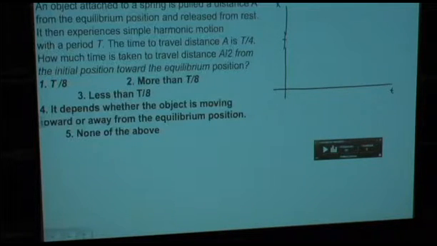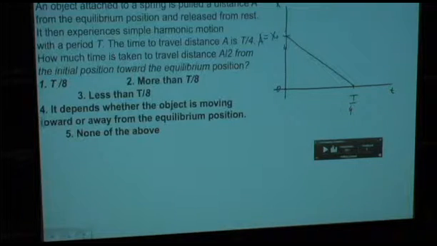Line. Exactly. You don't have to even say anything, just show line. So if it starts from a certain position away from the equilibrium, the easiest graph would have been a straight line going down to the equilibrium. And that's what we could have called a quarter of a period. And that's the amplitude.